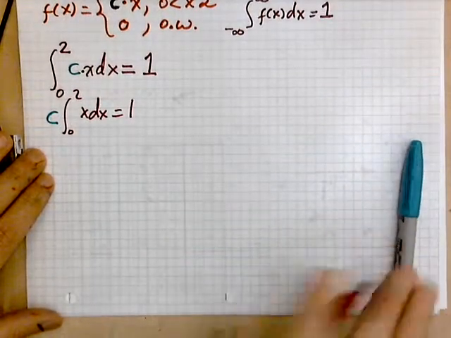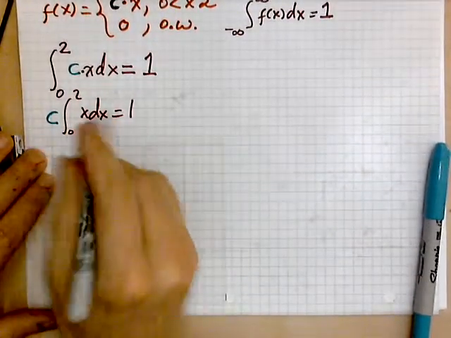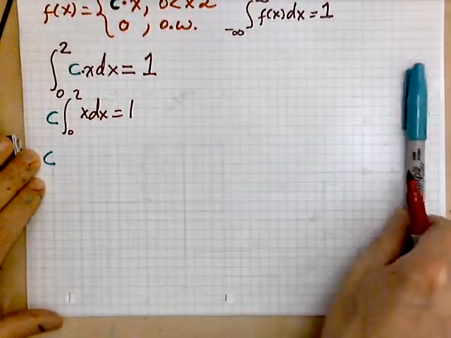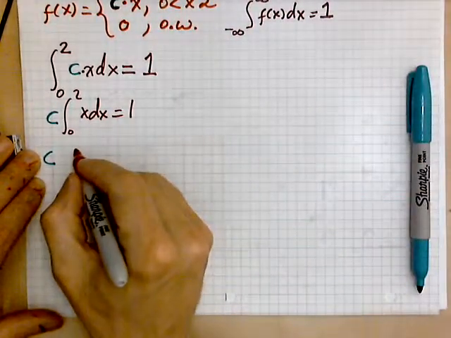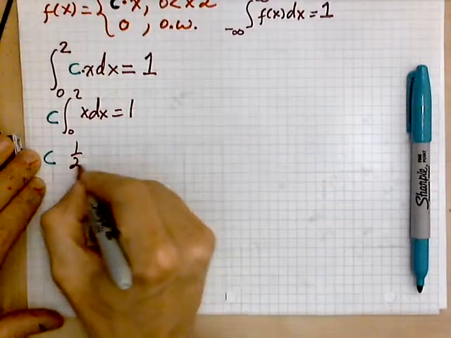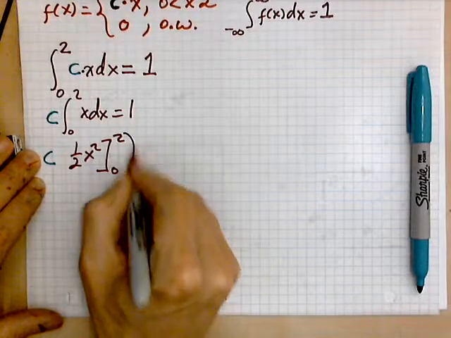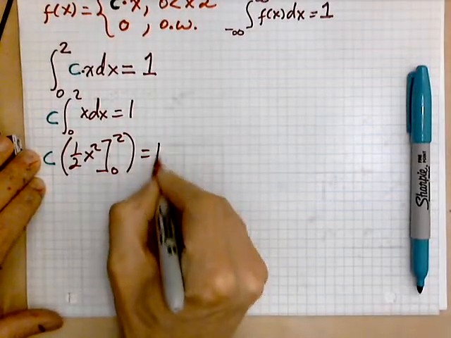Okay? So let's work on the integral part. What we have is the following. You've got your c, and then what you have is, by the power rule, 1/2 x squared between the limits of 2 and 0. And all of this still equals 1.